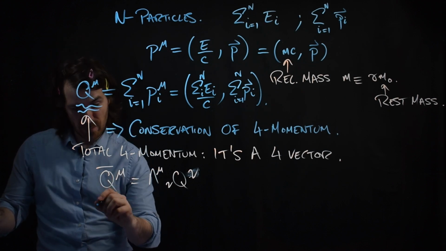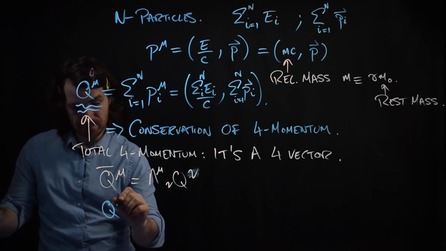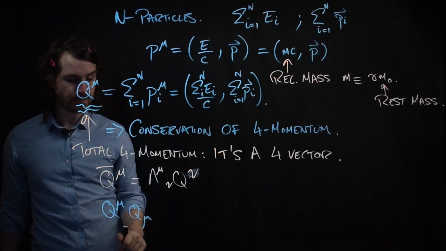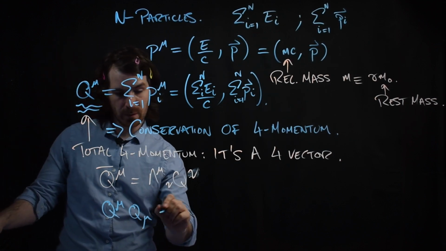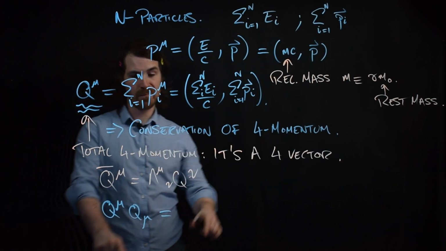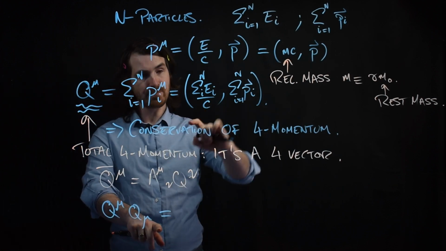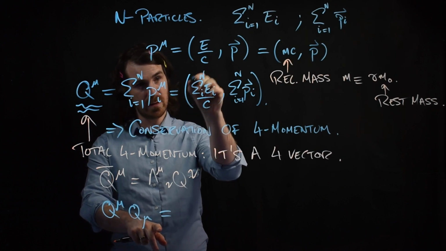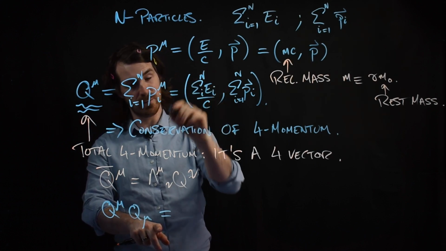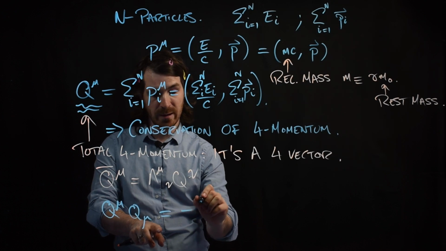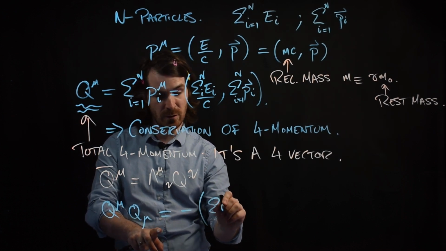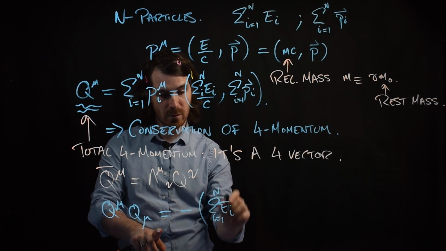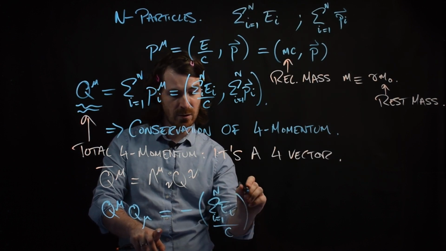If we think about the length of this, Q mu, so it's the inner product with itself. Okay, this equals, so we know what the components are. So this will be this thing times itself with a minus sign. So we get minus the sum of all the energies of all the particles divided by c, all squared.